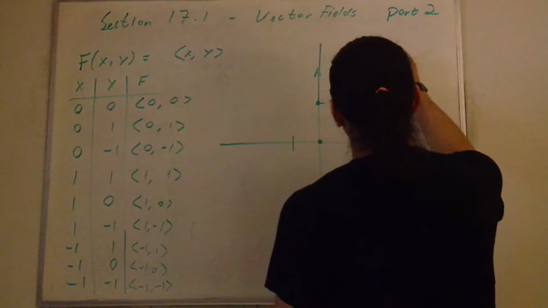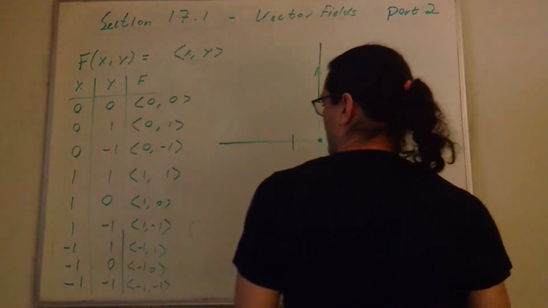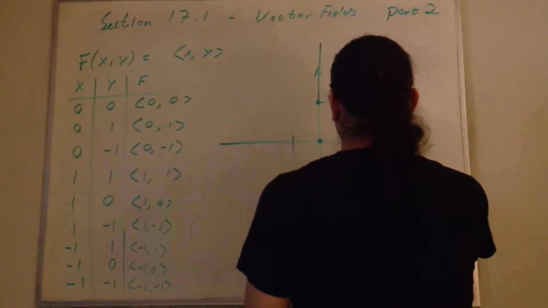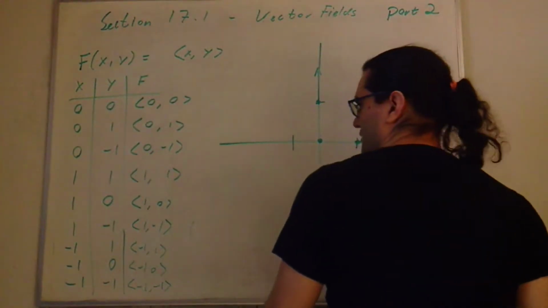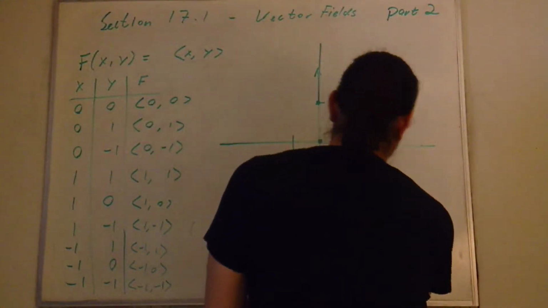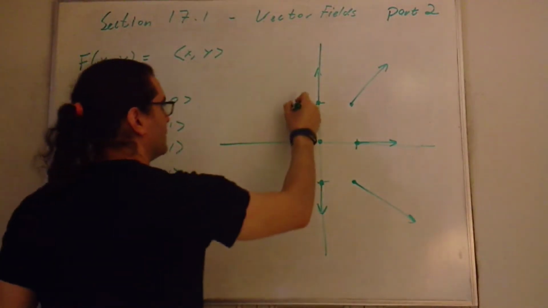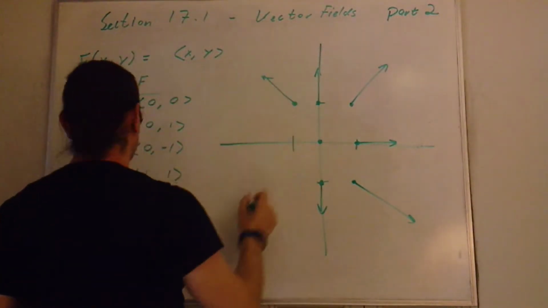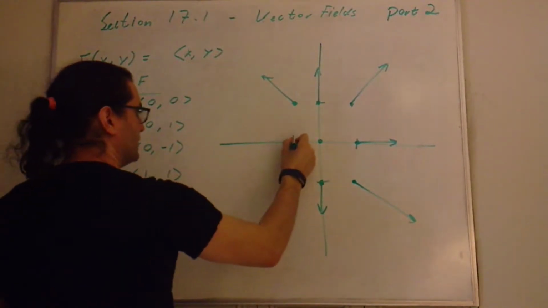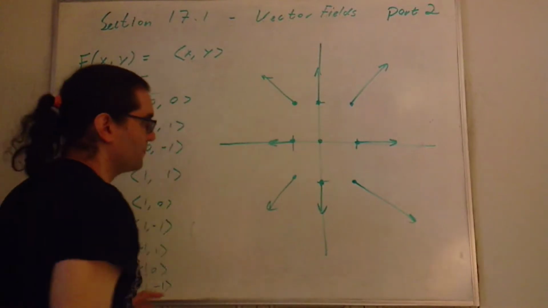That's straight out. 1, 0 is going to give us the vector 1, 0, straight out. 1, negative 1 is going to give us the vector that goes straight out. Negative 1, 1 goes straight out. Negative 1, 0, straight out. Negative 1, negative 1, straight out.